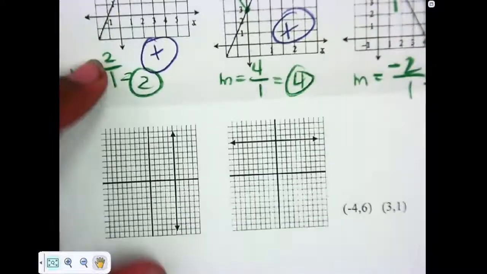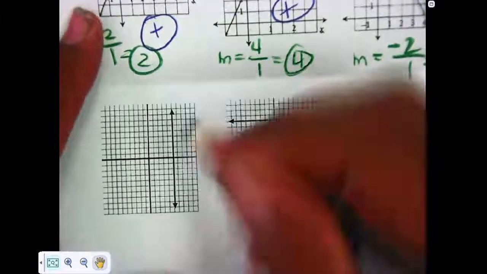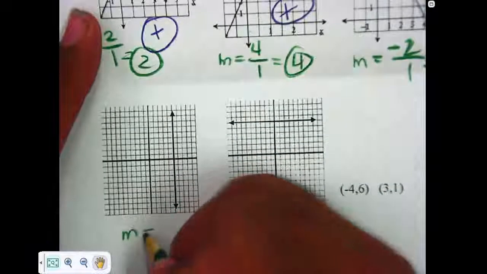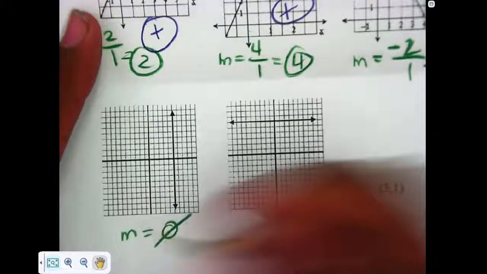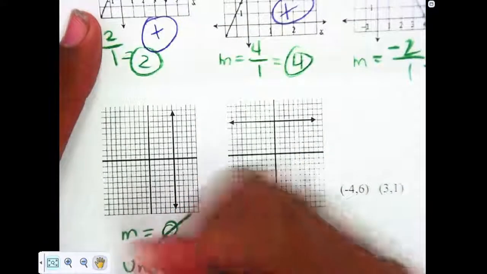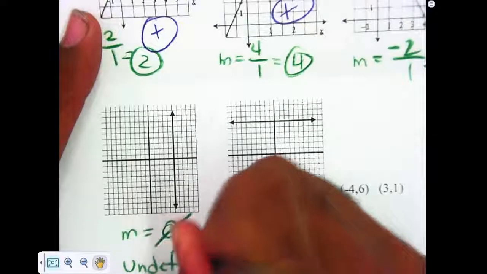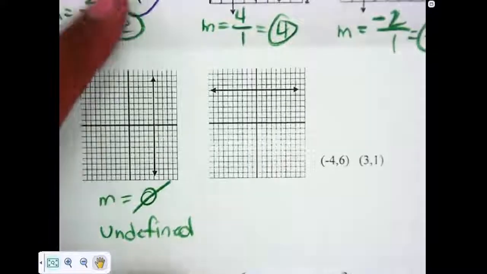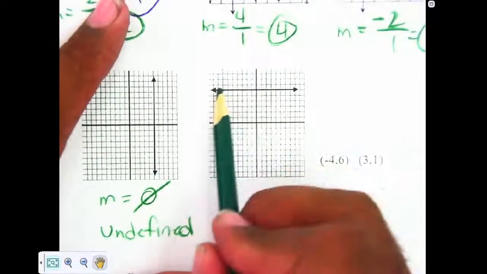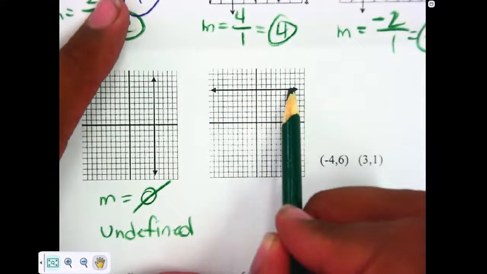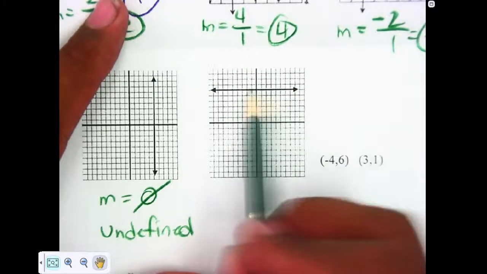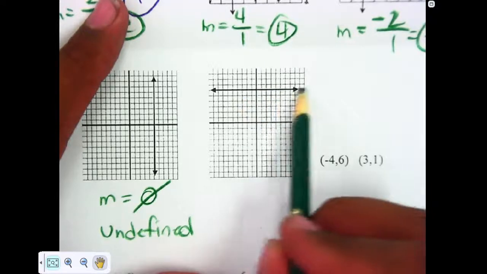Okay, now this one here, very similar to what we talked about earlier, a line that goes straight up and down. The x is not changing, so this slope is going to be undefined, or you can simply just write undefined down there. Okay, now this one, y is not getting bigger, but x continues to get bigger.